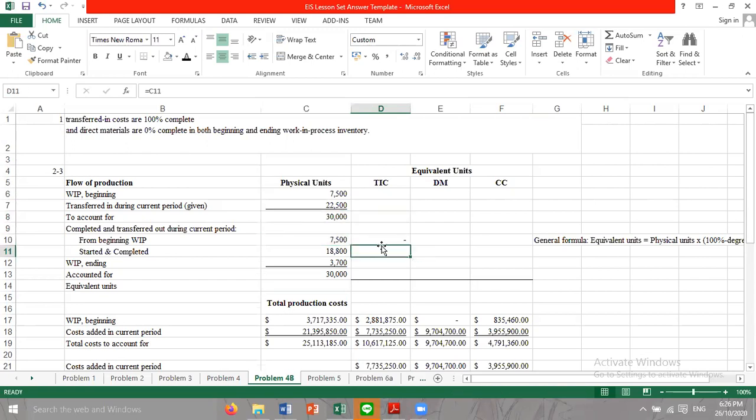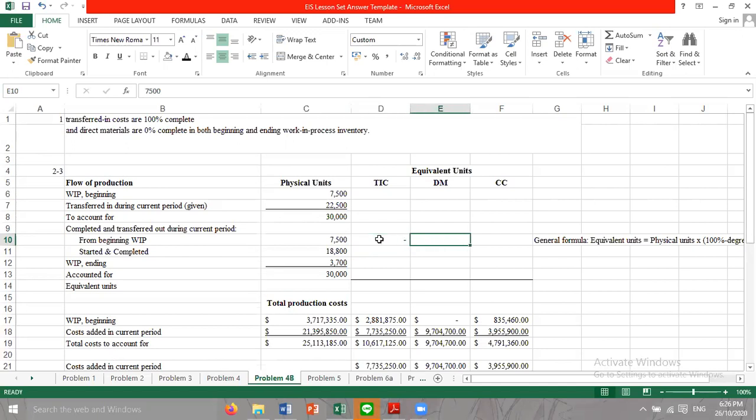In this case, since transferred in cost is always 100% complete at the time it is transferred in, we know that transferred in cost was already complete in the previous period. So the remaining work for transferred in cost is practically zero since it's already done in the previous period. So how about direct materials?